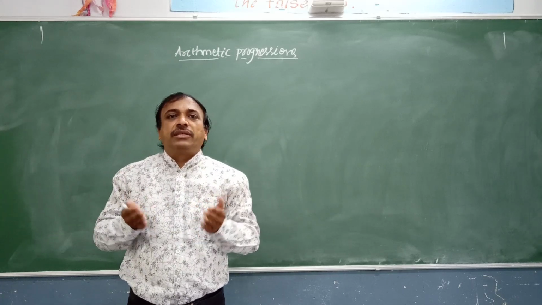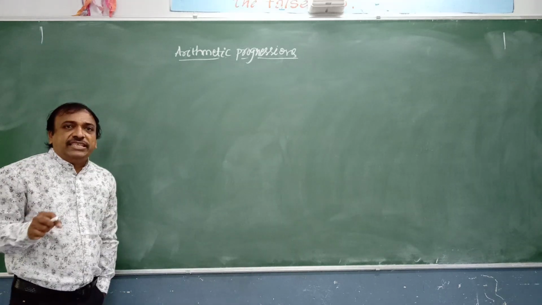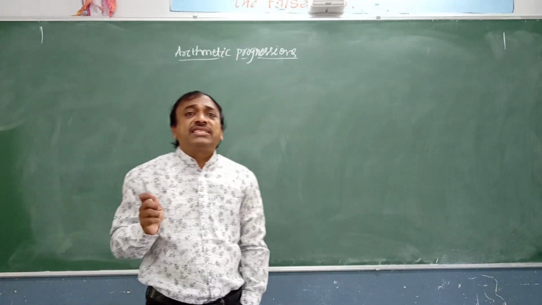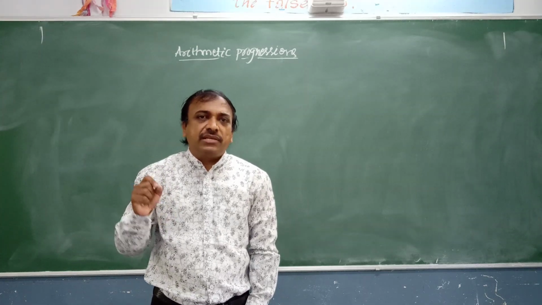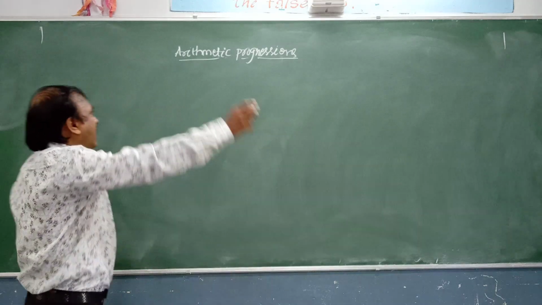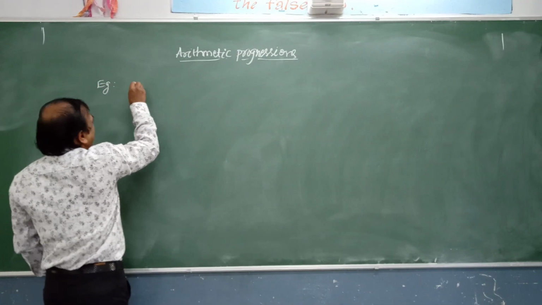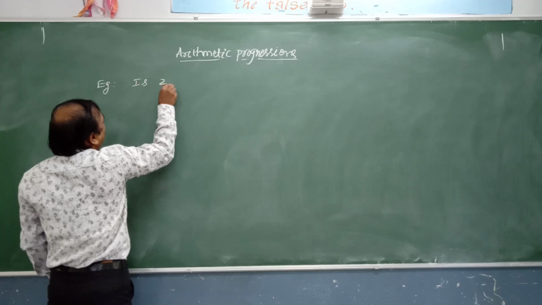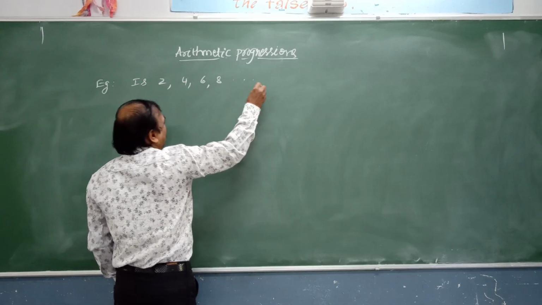Without the formula, now we are going to do this: how to identify first whether the given series is in an arithmetic progression or not. For example, you see 2, 4, 6, 8 and so on.